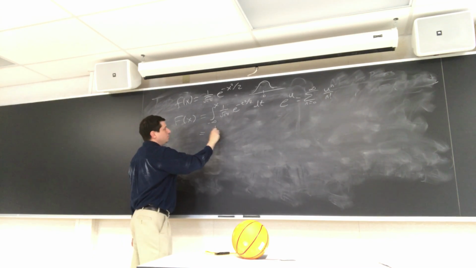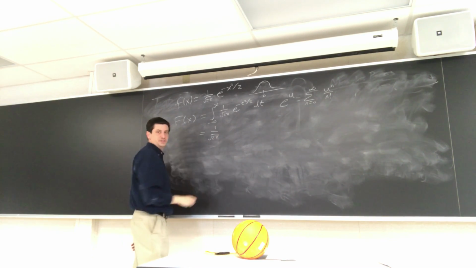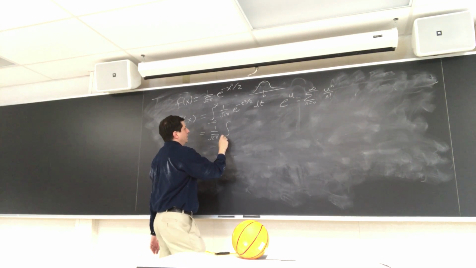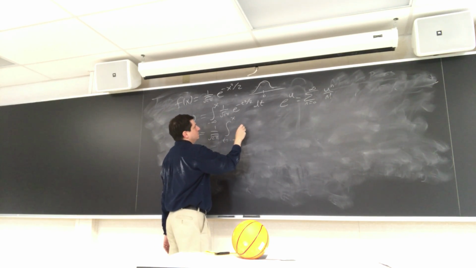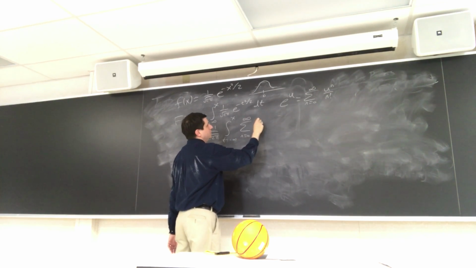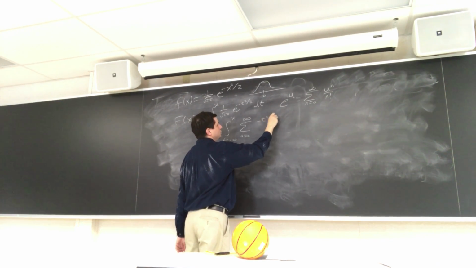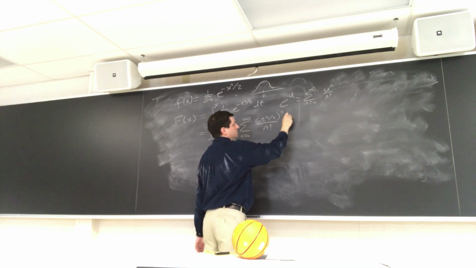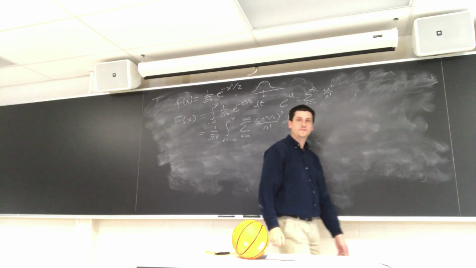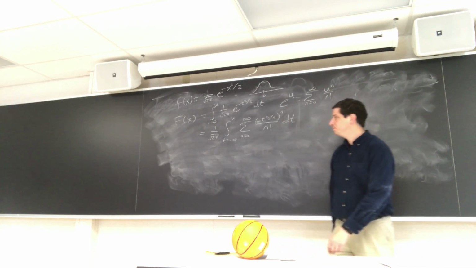So I can pull out the square root of 2 pi. That's not going to affect the integral. I integrate t from negative infinity to x. Then I'll have the sum, n from 0 to infinity, of negative t squared over 2 to the n over n factorial dt. And now I have an integral sum.